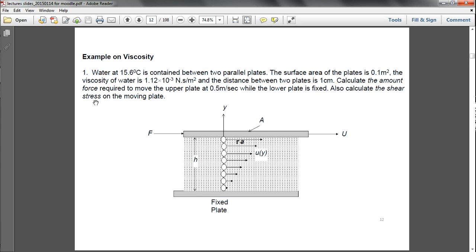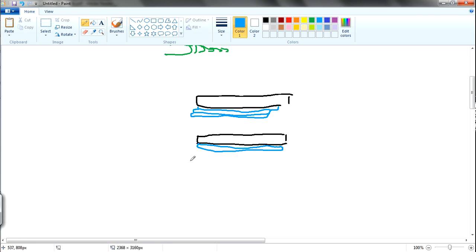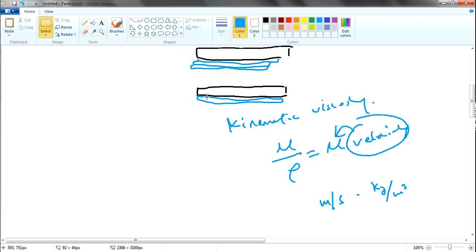And then another slight thing I need to convey before I end this video is kinematic viscosity. Okay, viscosity can also be described with this formula. Maybe I should cancel this and write it in terms of this. So this is viscosity, and this is velocity. So this is the density.